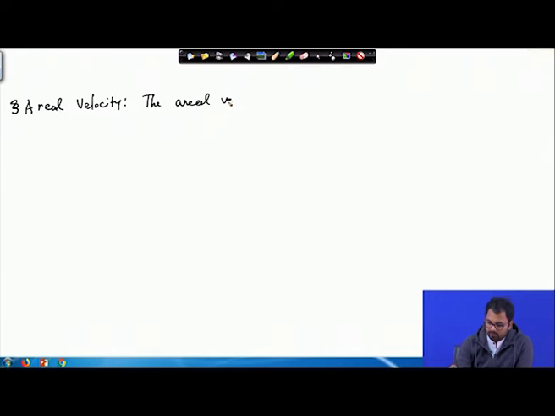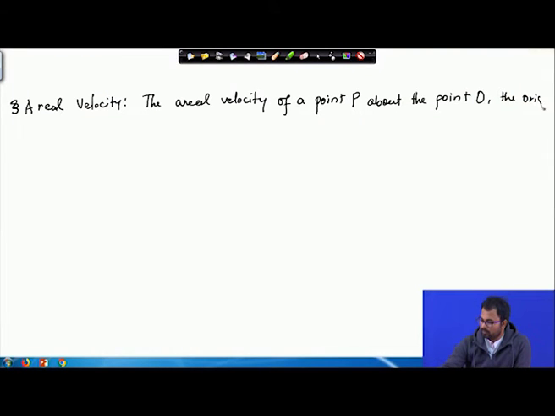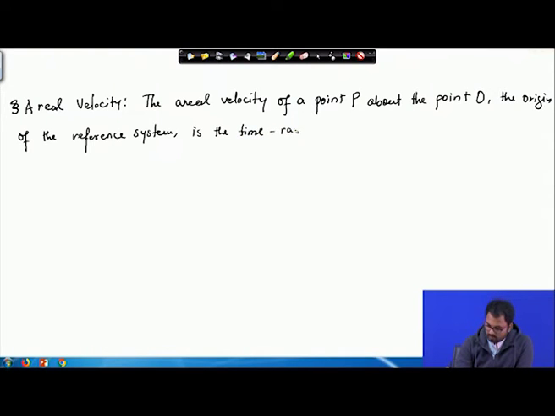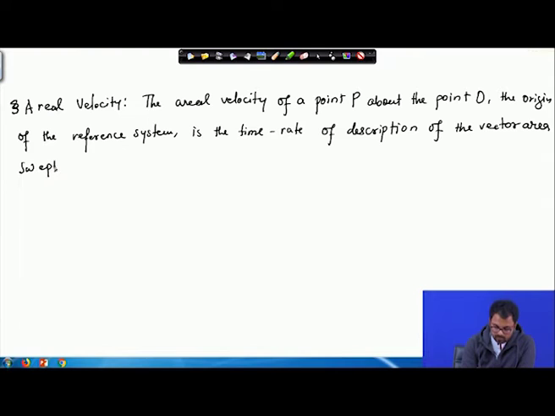The areal velocity of a point P about the point O, the origin of the reference system, is the time rate of description of the vector area swept by the line OP. So what do we mean by it?